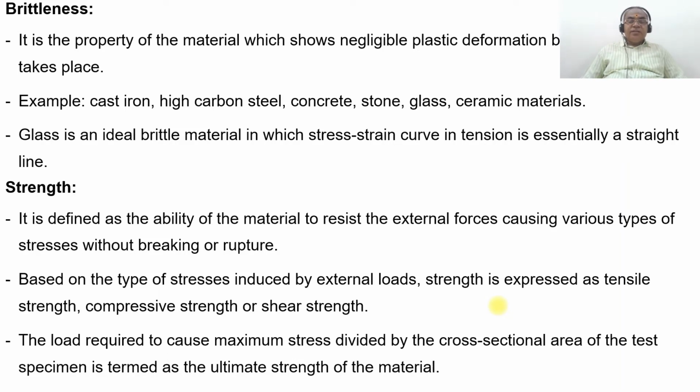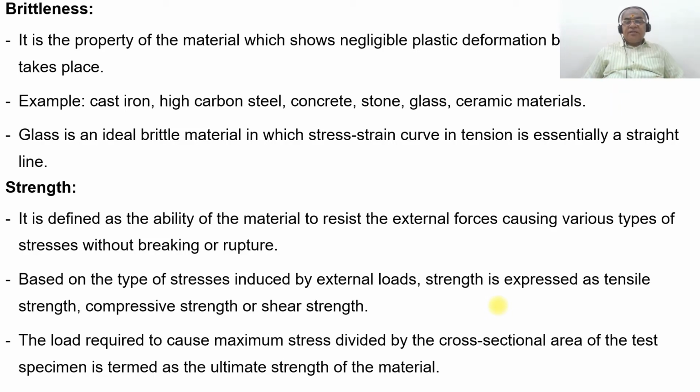Based on the type of stresses induced by external loads, strength is expressed accordingly. If a tensile force is applied, you get the tensile strength. If a compressive force is applied, it becomes the compressive strength. If shear is applied, you have the shear strength.